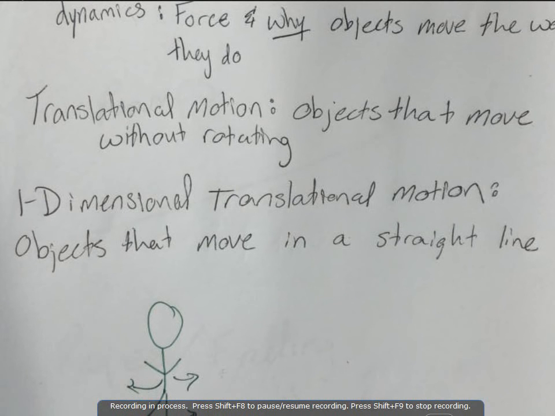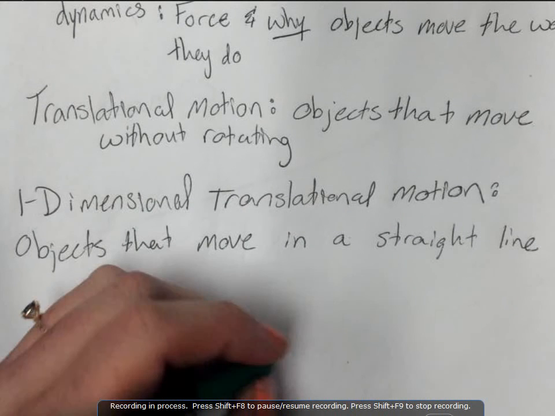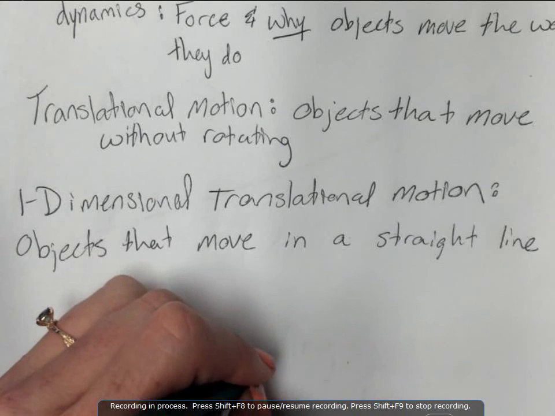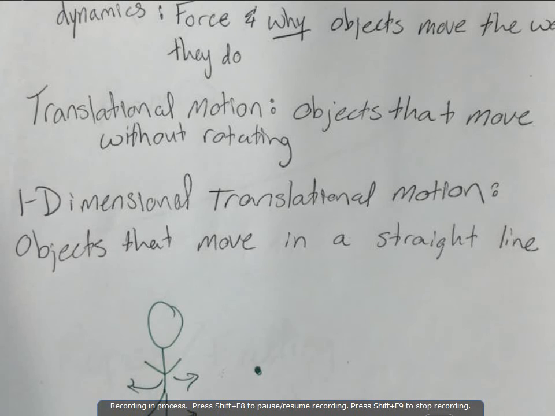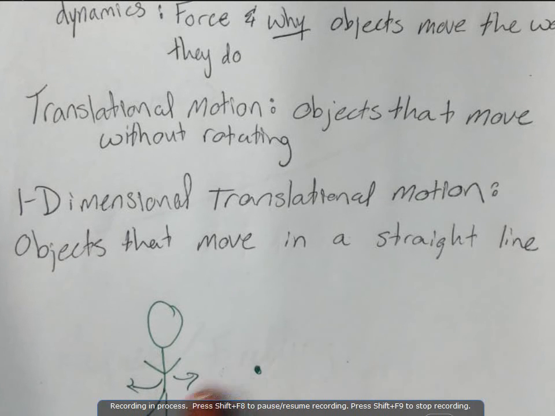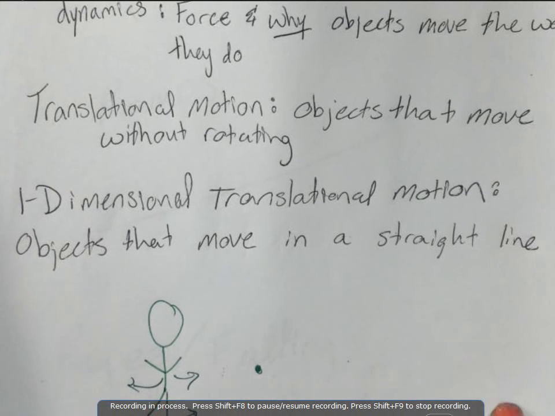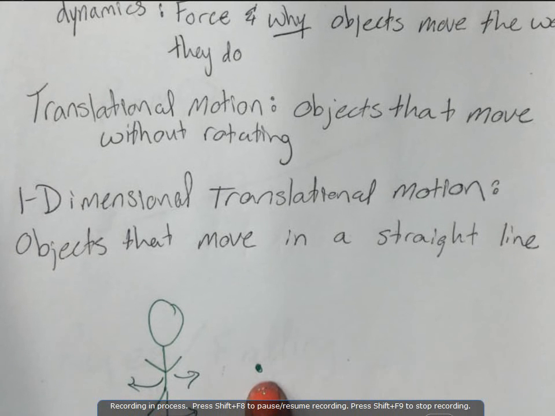So instead we say, imagine that this object is just a particle. It's the spherical cow idea. If we reduce all objects to just a particle, then we don't have to worry about what piece is going where. We only have to worry about how this object moves from point A to point B, how the dot on this object moves along the way.